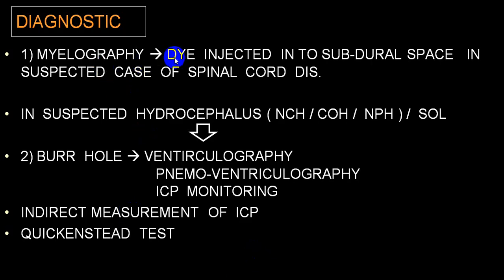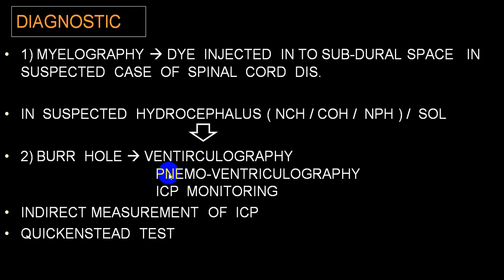Myelography is where you inject a dye in the subdural space in a suspected patient of spinal cord disorders. Also, you can do a burr hole and inject a dye in the ventricular space of the cerebral hemisphere and do ventriculography.